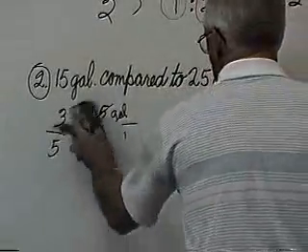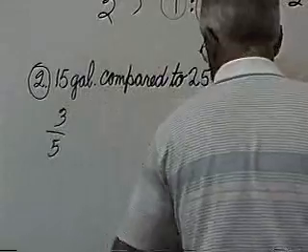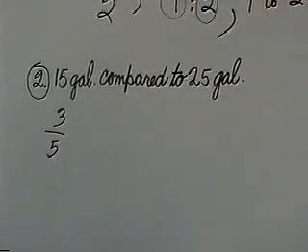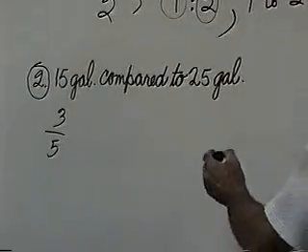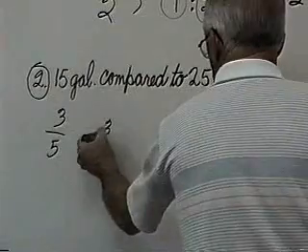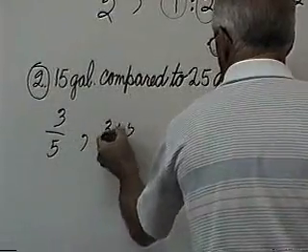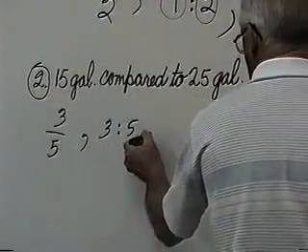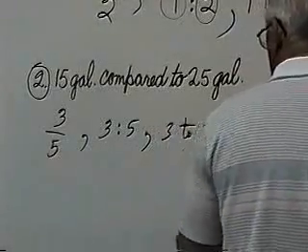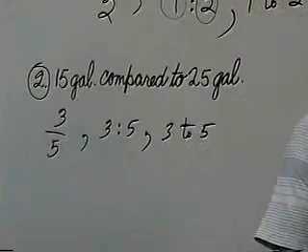So therefore our ratio, our comparison of 15 gallons to 25 gallons, is 3/5 or 3 to 5.